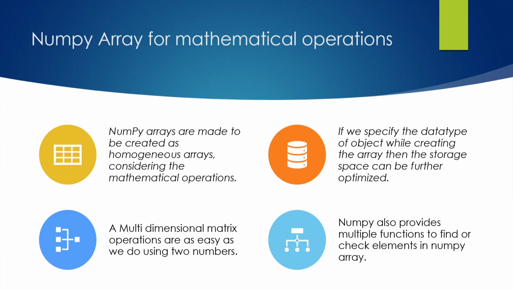However, in the case of a NumPy array, because we know that the NumPy array is a homogeneous array, it is going to contain only one type of element, and that is why it contains some mathematical functions in itself, which we can use to actually multiply the elements, divide the elements, or manipulate them in any mathematical way. And that is one of the prominent reasons why they are preferred for mathematical operations.